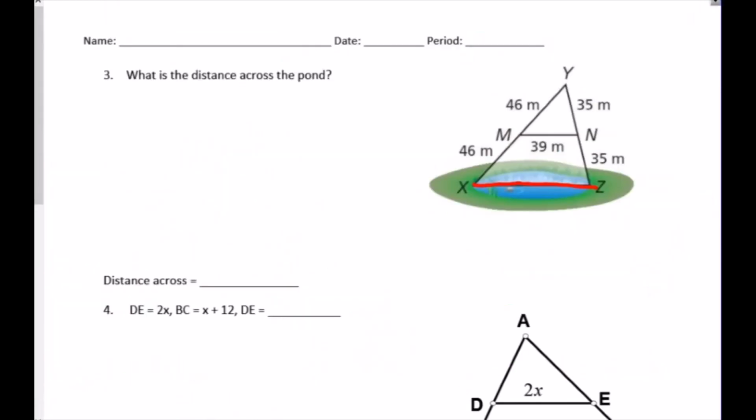On the back, somebody conveniently put a triangle inside of a pond.